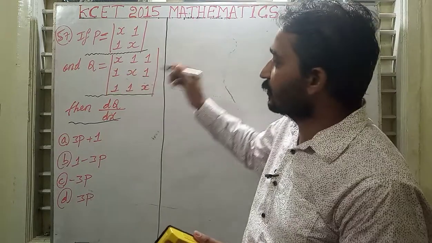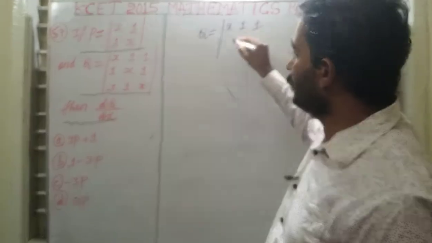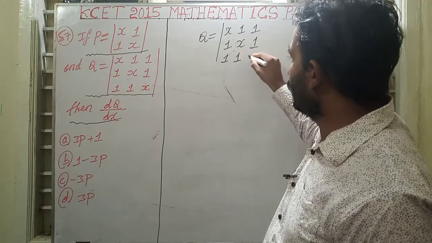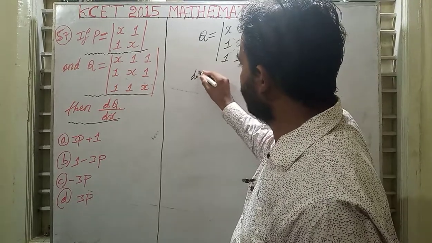Let us take Q first. In this case, Q is equal to the determinant with rows x 1 1, 1 x 1, 1 1 x. Now differentiate with respect to x on both sides.